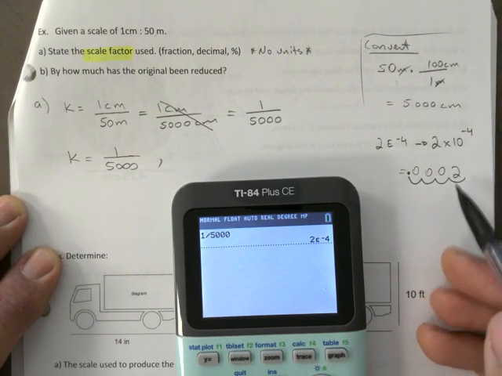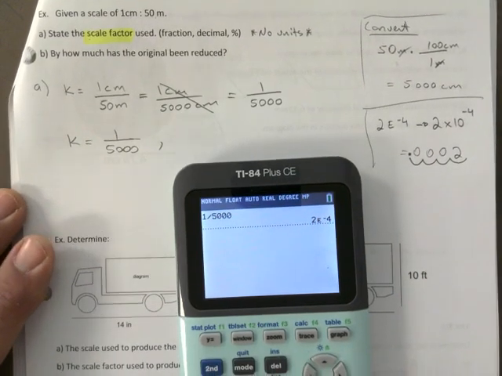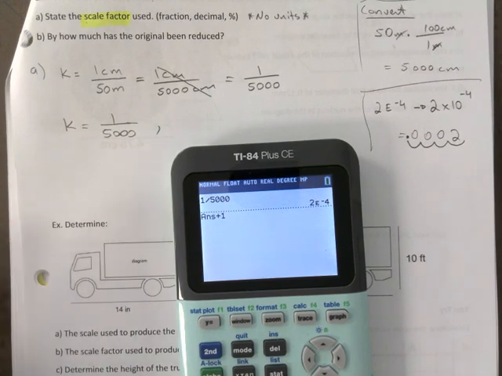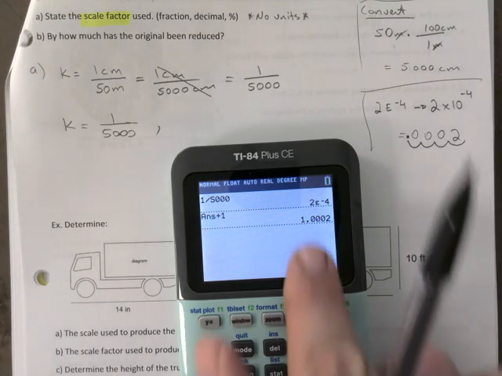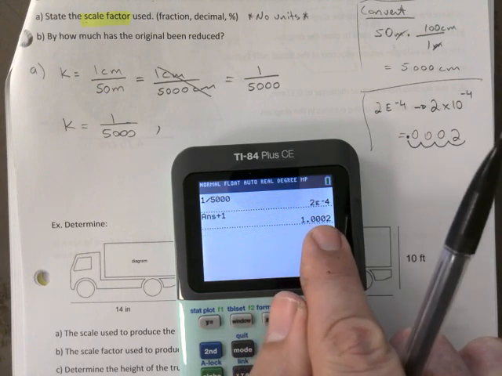But let's say you don't want to do this. I don't blame you. You can just go like this. Watch. I go plus 1 or whatever you want, but I go plus 1. You got to ignore the 1, right? Because you added that just to force it to look like a decimal. So now you know it's 0.0002.